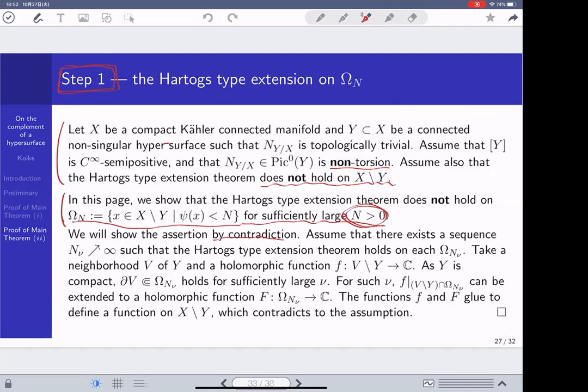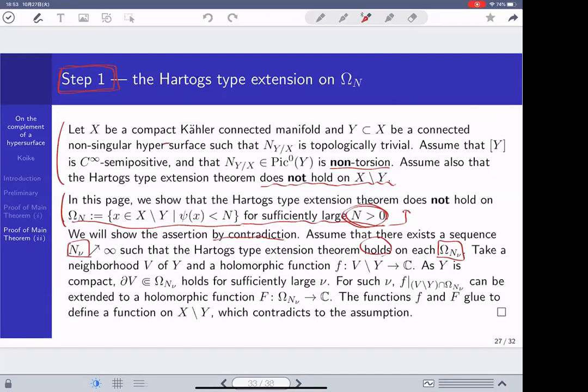Sorry, a bit complicated. There are many contradictions. But anyway, assume that there exists a sequence n nu, which goes to plus infinity, and such that the Hartogs type extension theorem does hold on each Omega n nu. This is the denial of this conclusion.